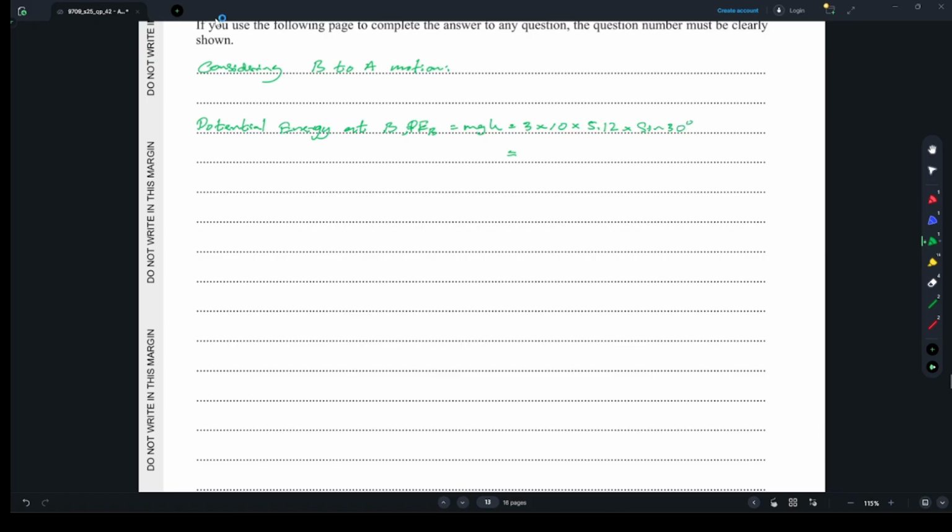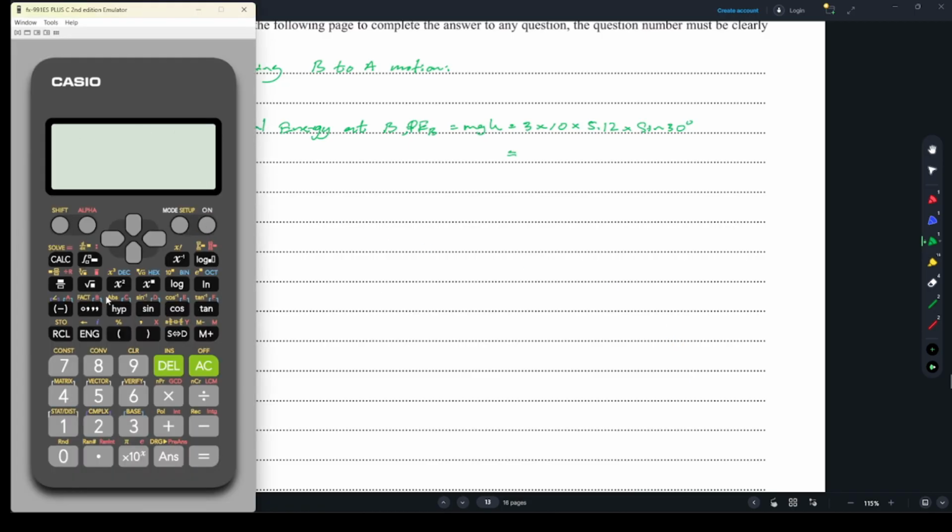For this one you can use the calculator. So 3 times 10 times 5.12 times sine 30, which is half.